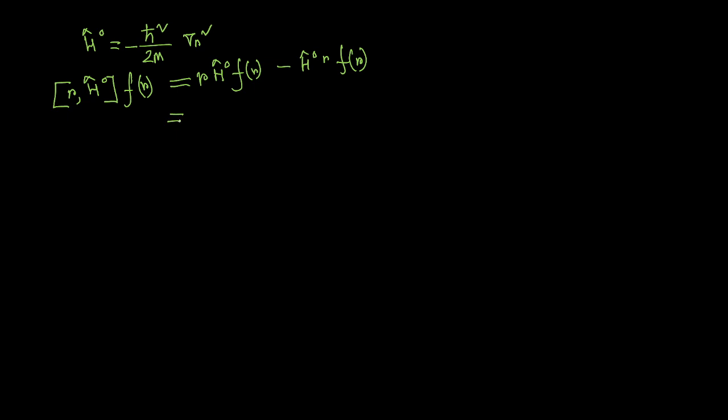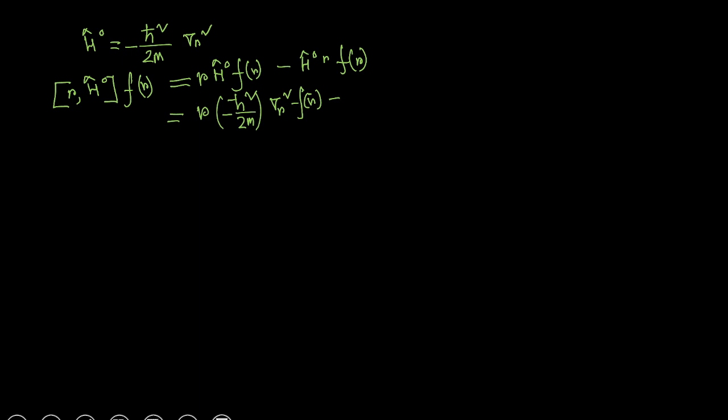So we put the value: minus h cut square by 2m.